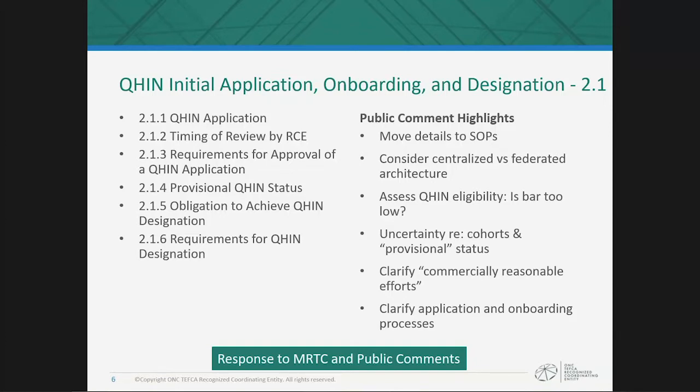If I want to participate in a QHIN, then I have to agree to those terms. But I also want access to EHI by agreeing to those terms. Are those terms then subject to RAND and everything else that's in the proposed rules too? Does it all have to be subject to RAND and reasonable cost and all that?